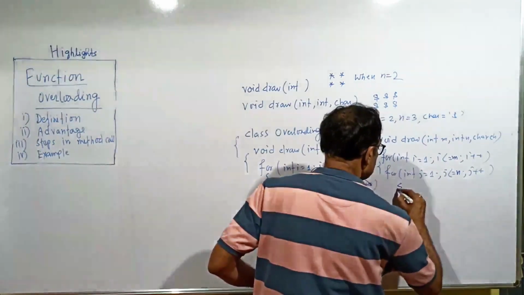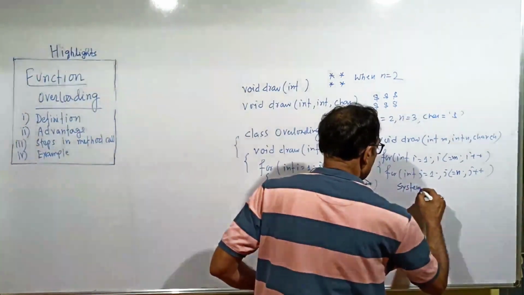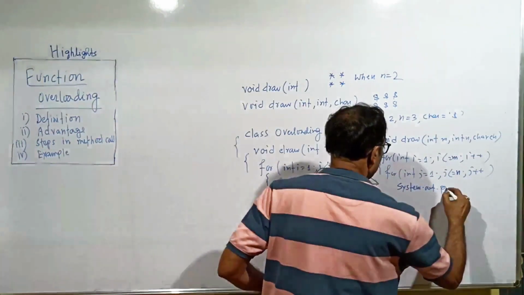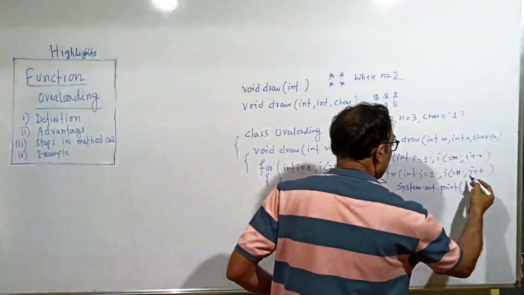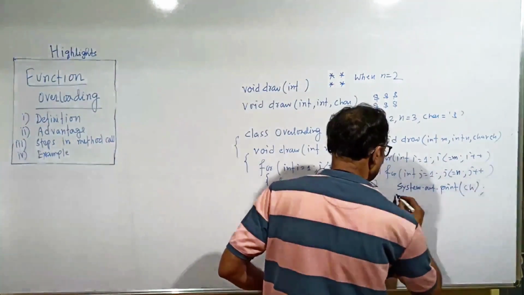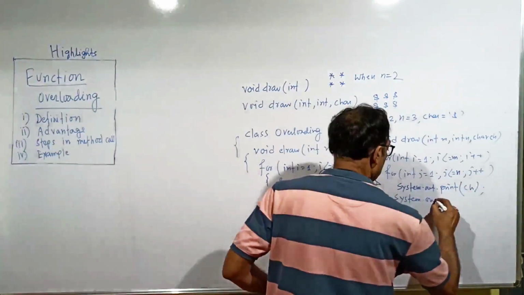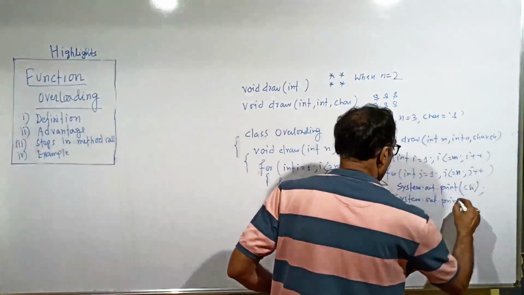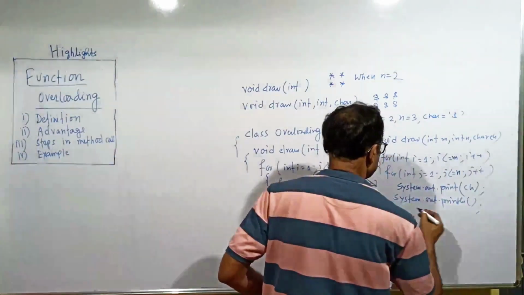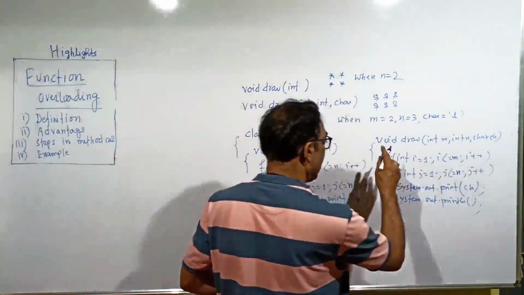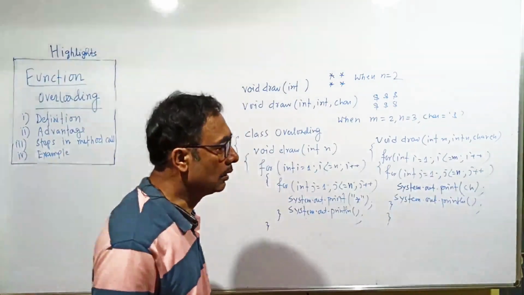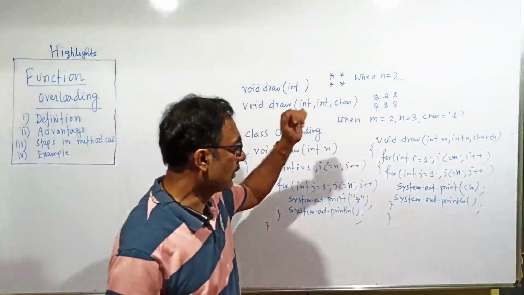Now here we will write System.out.print, we'll give here ch, then System.out.println. So here is the end of the draw method to draw this pattern.